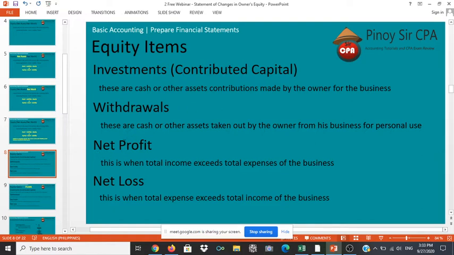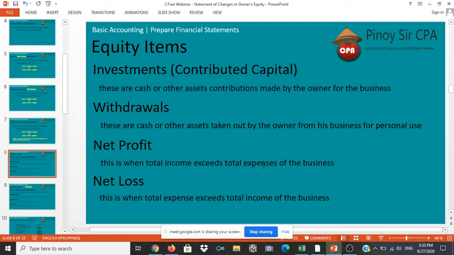Now, net profit or net income. Actually, madali na to. Ilang beses na natin to nadidiscuss. This is when total income exceeds the total expenses of the business. So, eto na lang ang tanong ko. What is the effect of this to the equity of the business? Increase.